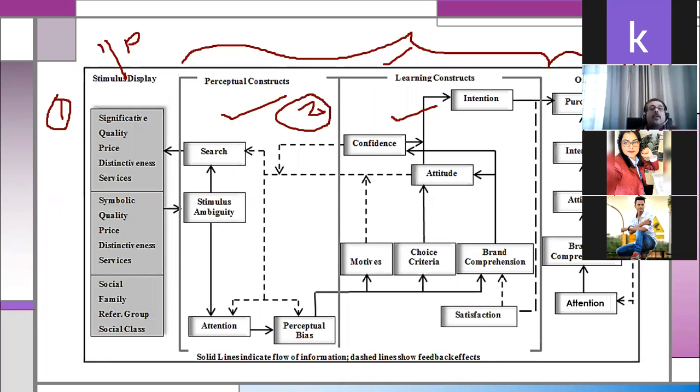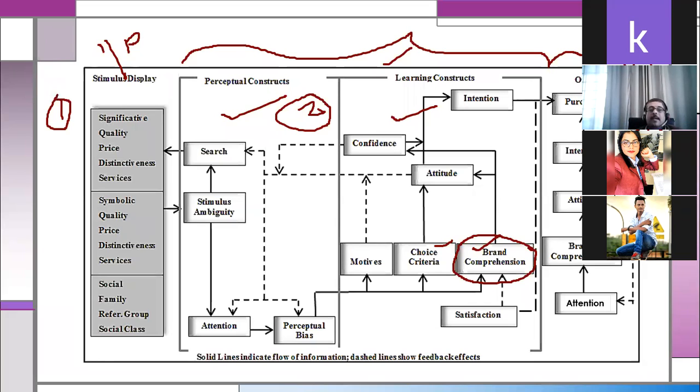Okay, if you see in the learning construct, we have got motives, choice criteria, brand there also, but brand comprehension is very important. There are people who want to buy a particular watch, Fastrack, Fastrack is in their mind, and Titan.